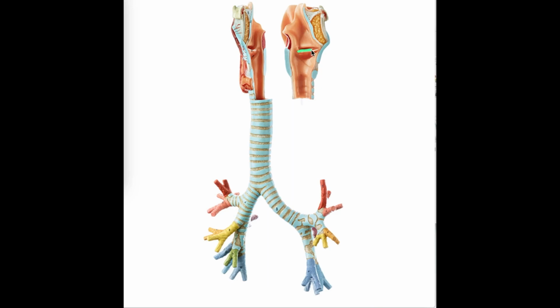This line right here, the white one, is the vocal cord or the vocal ligament, and it is covered by this membrane here, which is called the vocal fold. And we're going to look at this model again when we do the bronchial tree.